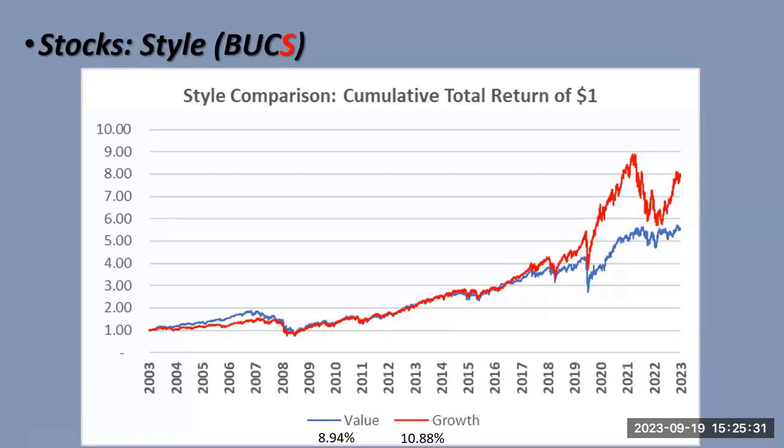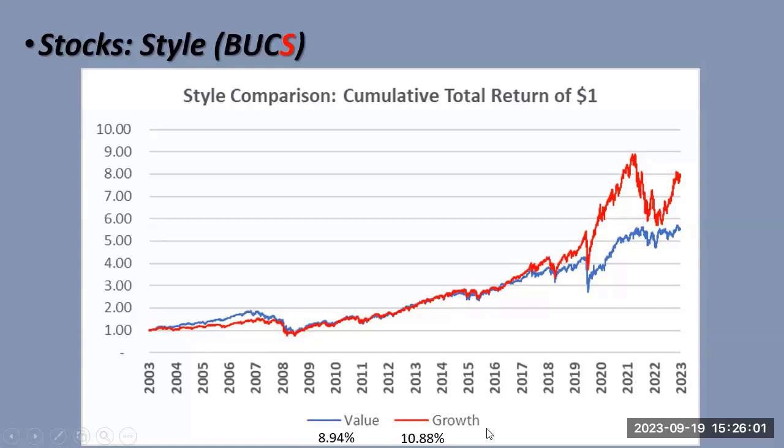Over the long term, value stocks have dominated growth stocks, but they go in cycles. At USAA, we discovered historically that the cycles tend to be 7-year cycles. Growth outperformed for 7 years, then value. But the last few years, it's just been crazy growth stocks. 10% versus 9%, a 200 basis points difference in return. That's a pretty significant return.